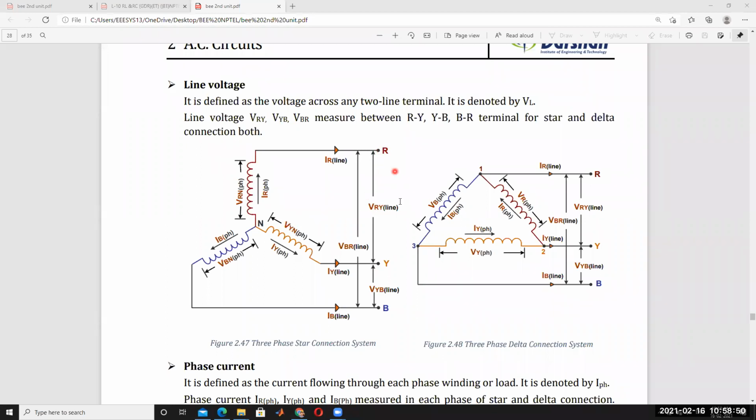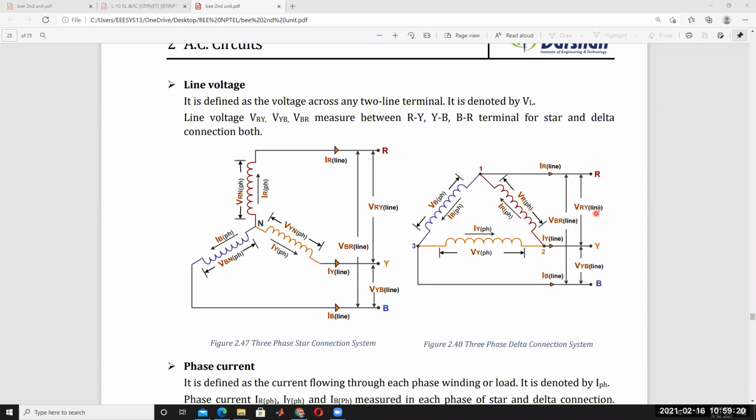Here VYN and VBN are there in between these two, along with VRN. So the VRY line voltage is not equal to the phase voltage in a star connected system. But in a delta connected system, RY is the line voltage, and the phase voltage VR phase is connected exactly in parallel to R and Y.